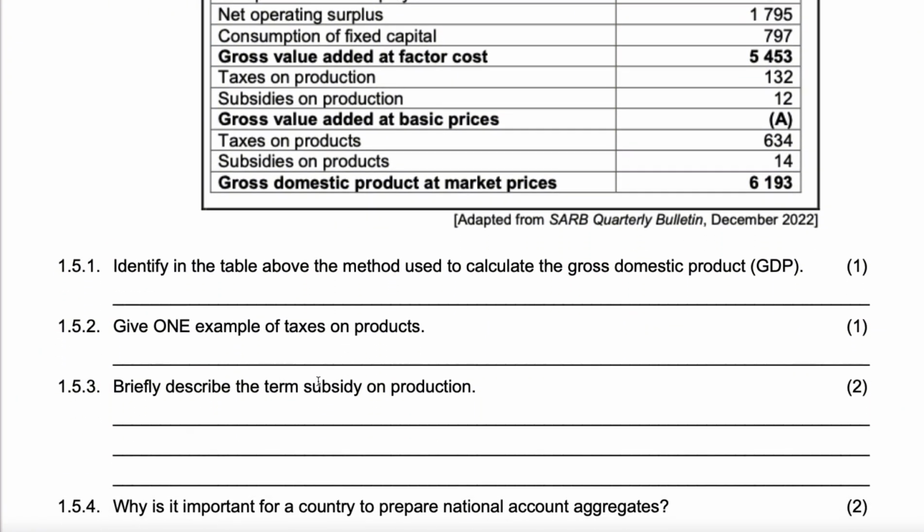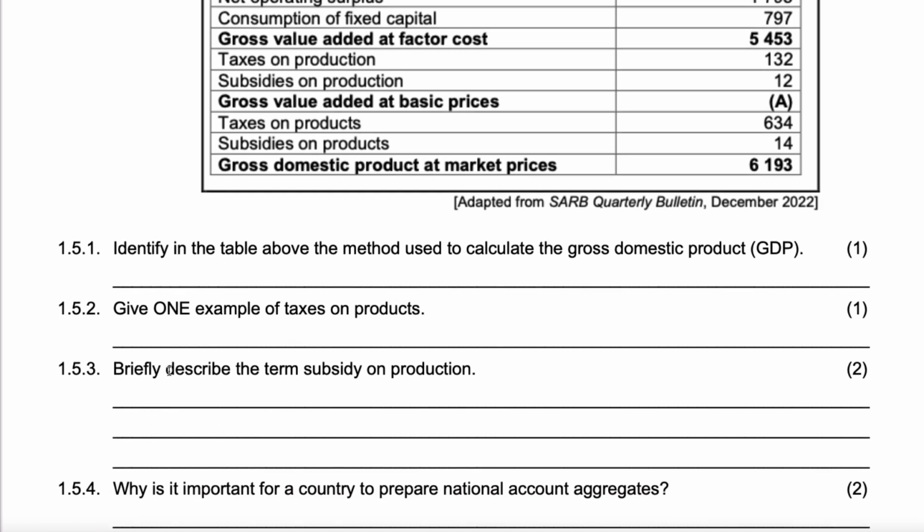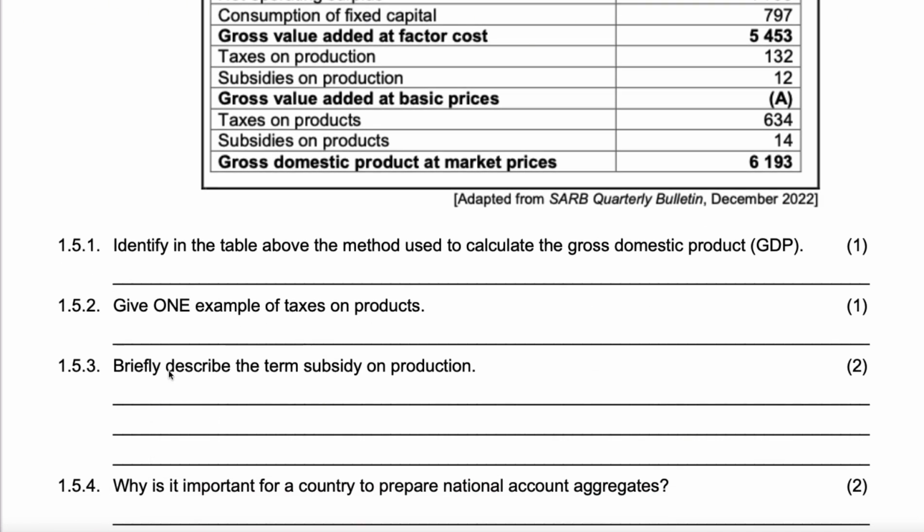Number 3, briefly describe the term subsidy on production. Now, I always give an example of subsidies on production. So here they're not asking for an example. They are asking you to define it actually and describe what it is. Well, something you can say about this is financial assistance or support by the government to reduce the cost of production or encourage production of certain products or influence remuneration of the factors of production.